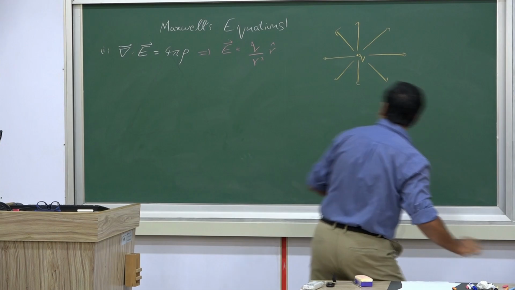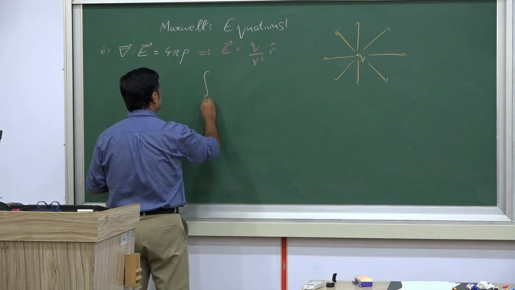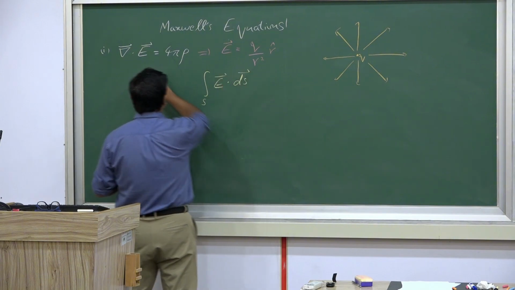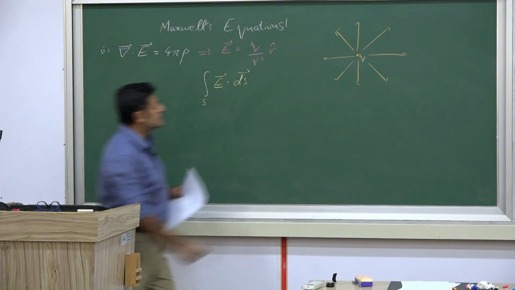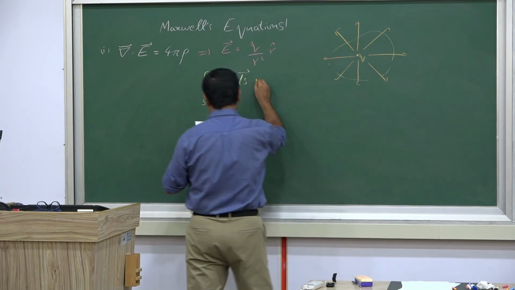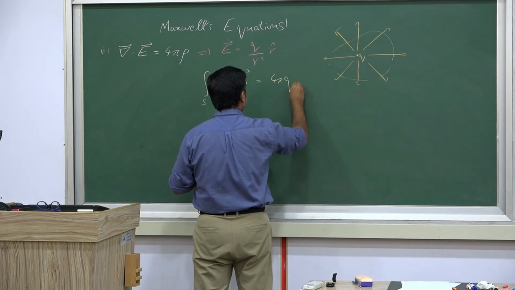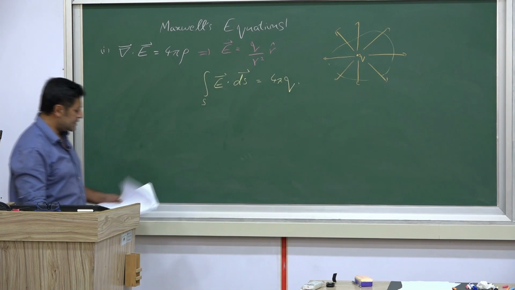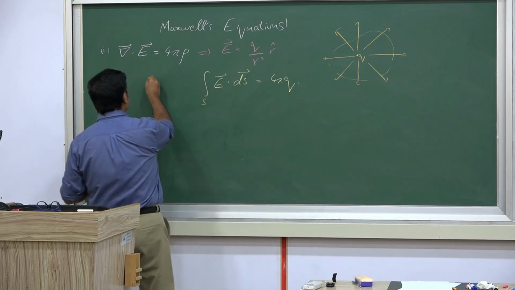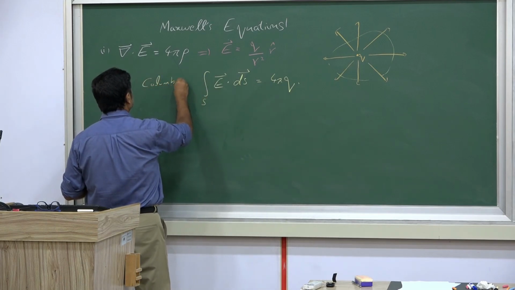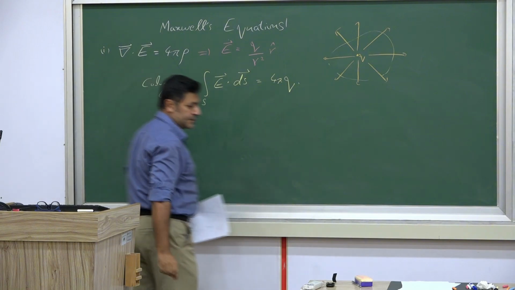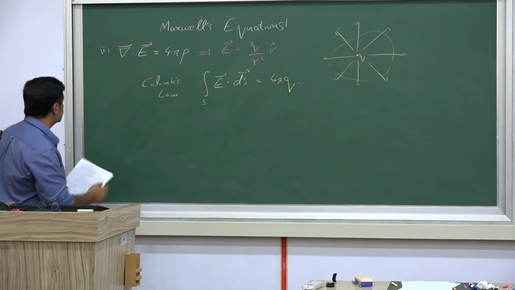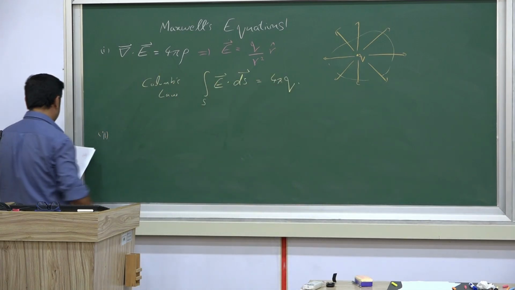And this is the differential form. If you want, you can also write it by integrating over a surface. You'll get this if you have a point charge, if you have charge inside. So this is Coulomb's law, which we study in high school, just written using some differential equations.